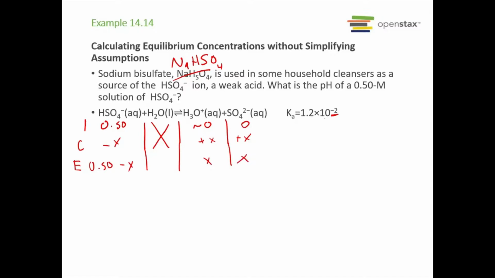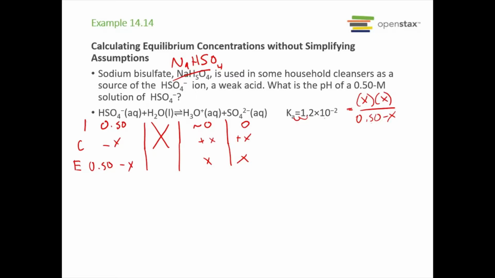So Ka, this value we're given, is equal to x times x from our products divided by our reactant, 0.50 minus x. So this Ka, if we were to make this into a standard number, is 0.012. Notice we have that 0.1, which coincides with that 0.5.